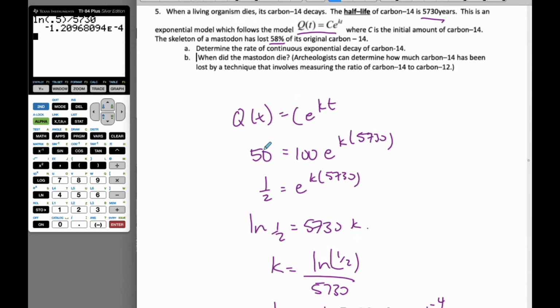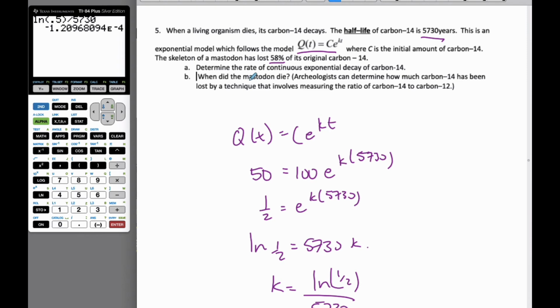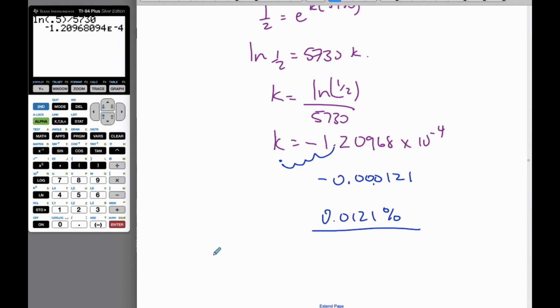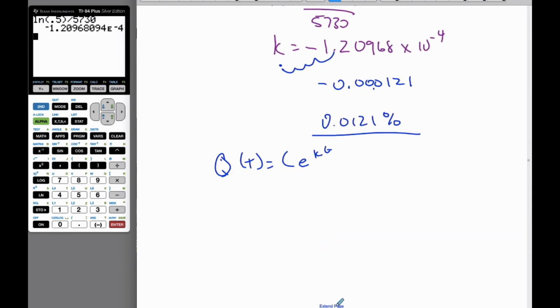So I want to now find out when did the mastodon die. Well, currently there's 58% left. So I look at my formula, Q at t equals C e to the kt. Currently I have 58%. My initial amount was 100%.